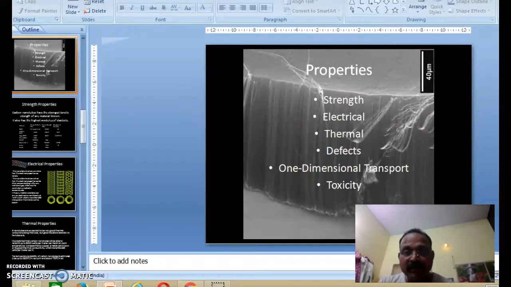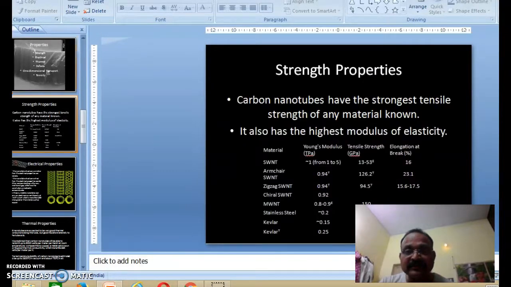The properties are strength, electrical, thermal, some defects, one-dimensional transport and toxicity. These are the properties of carbon nanotubes in various fields. Strength properties: carbon nanotubes have the strongest tensile strength of any material known. They also have the highest modulus of elasticity.